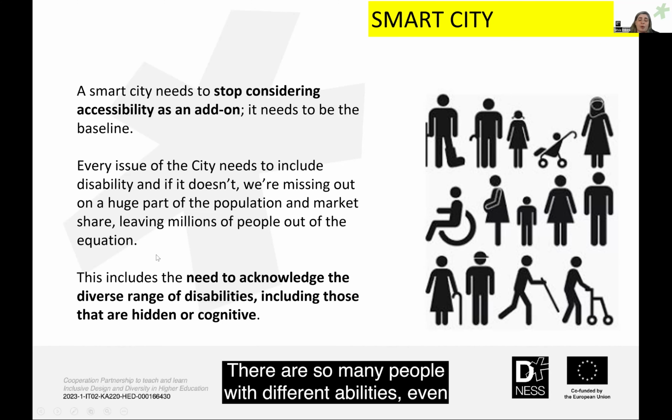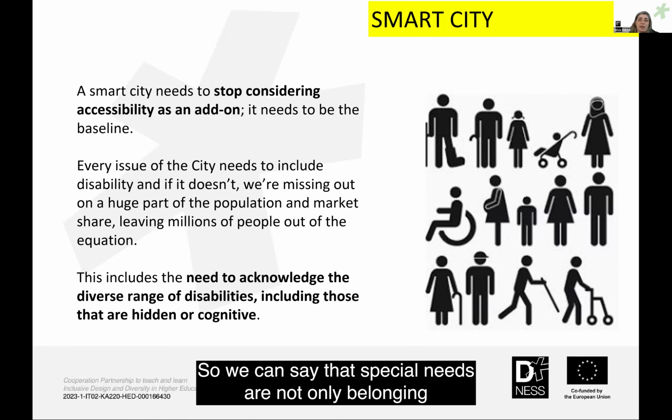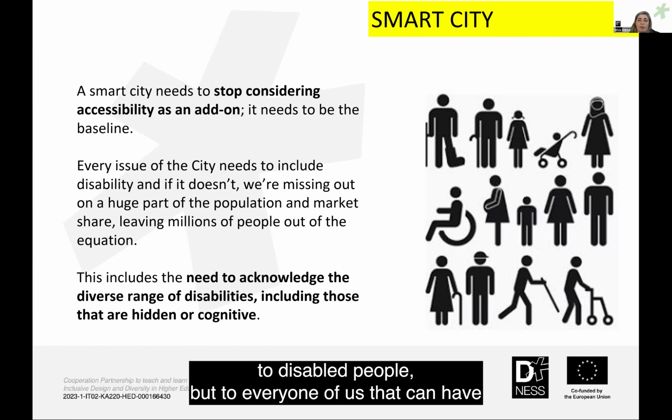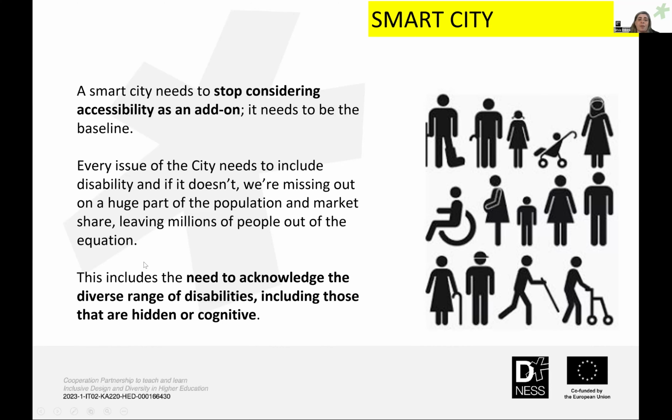There are so many people with different abilities, even if they are not disabled. So we can say that special needs do not belong only to disabled people, but to every one of us that can have peculiar needs during different periods of life.